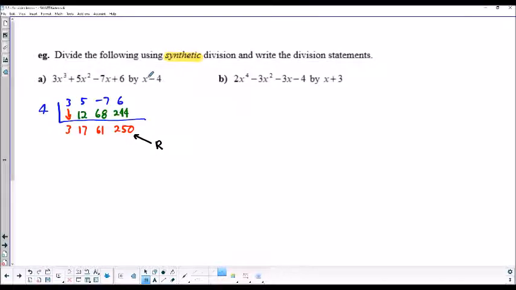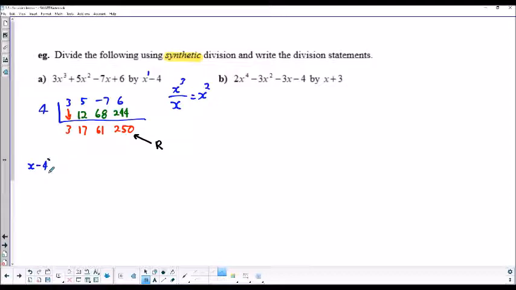Because we're dividing this 3x cubed, this cubic, by a linear, which has a power of 1, when we divide x cubed by x to the power 1, if you're dividing powers, that's just going to give you x squared. So that 4 represents x minus 4.